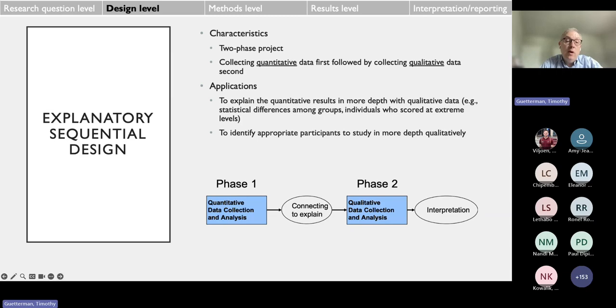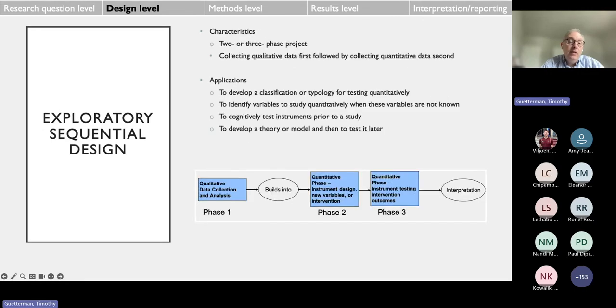Maybe you need to start quantitatively in order to identify participants that you want to study in more depth qualitatively. So there are many applications for this design. In my opinion, it is one of the more straightforward mixed methods designs to implement in terms of thinking about how and where you're integrating.